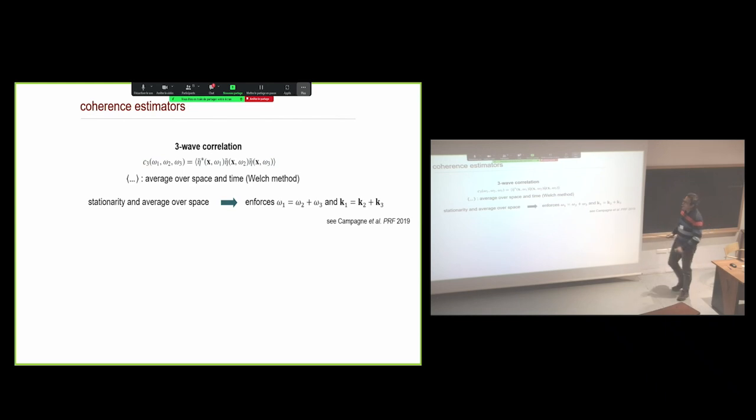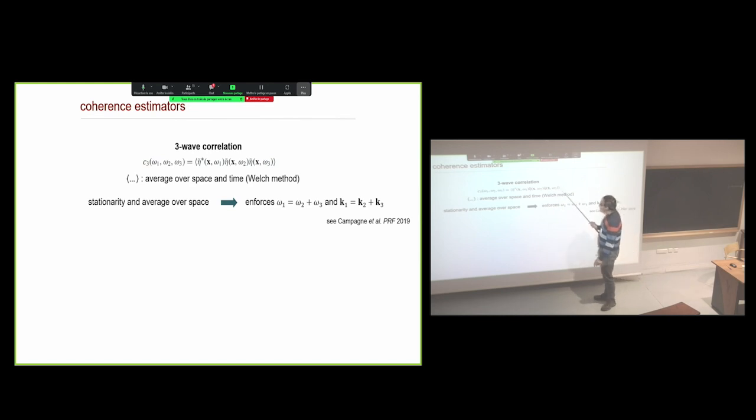Actually, I will do correlation of the wave elevation, because going to Miguel's variable b, after the near identity transformation, is kind of tricky with experimental data.